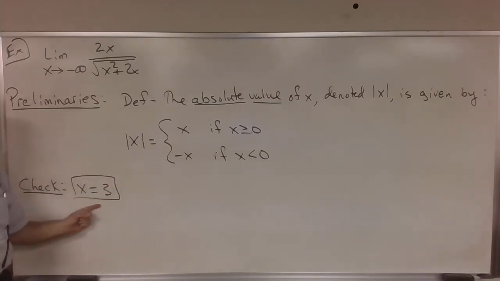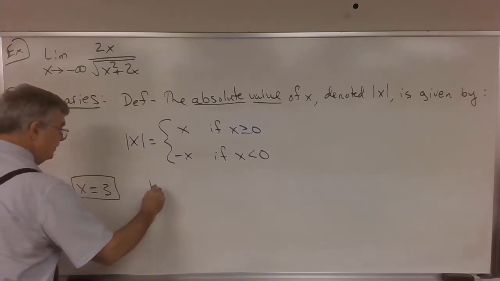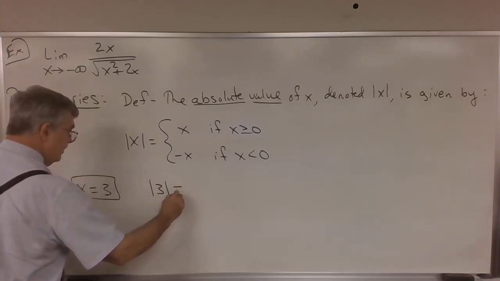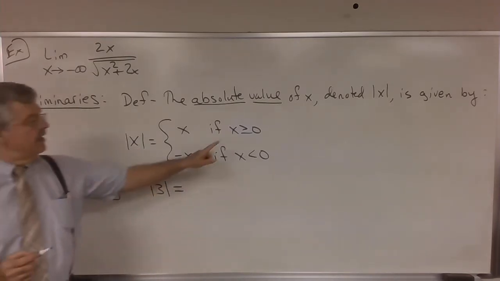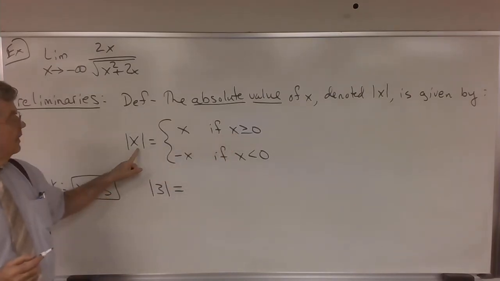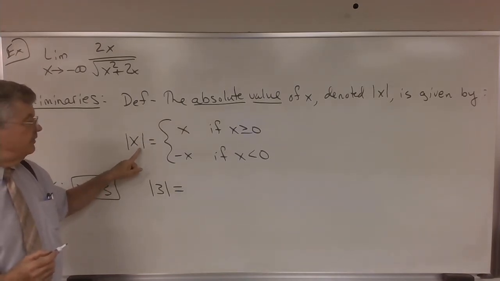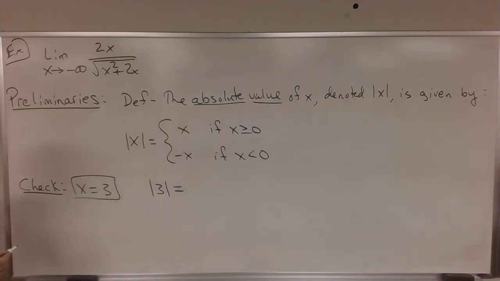So we'll start with this. x equals 3. According to the definition, if x is greater than or equal to 0, and we want the absolute value of x, then the absolute value of x is just x, the number itself.